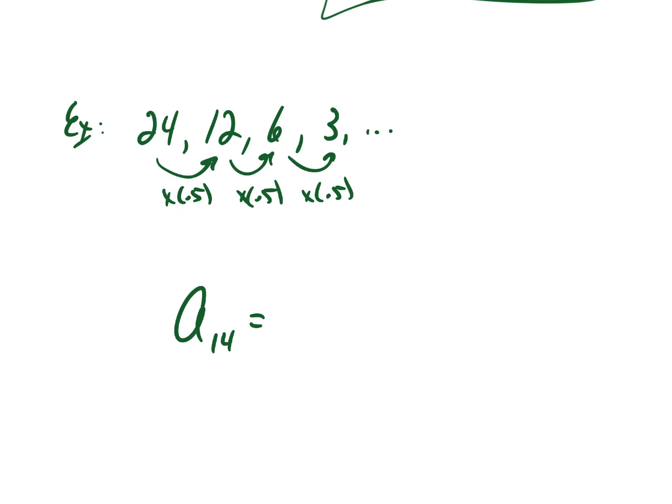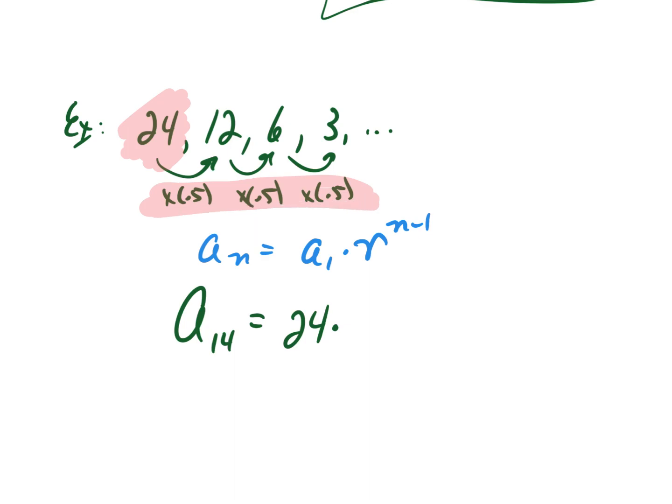Again, our formula is that the nth term is going to be equal to the first term times the common ratio raised to a power 1 smaller than the term number. Okay, so here we go again. The first term, written right in front of us, is 24. The r is the number that we're multiplying by over and over and over.